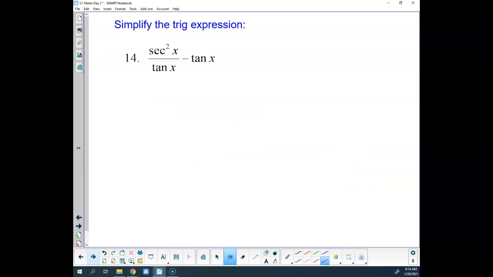Love it. Okay. Let's try this one. Let's do this one together. Okay. So we need a common denominator. What is going to be our common denominator? Tangent of x?